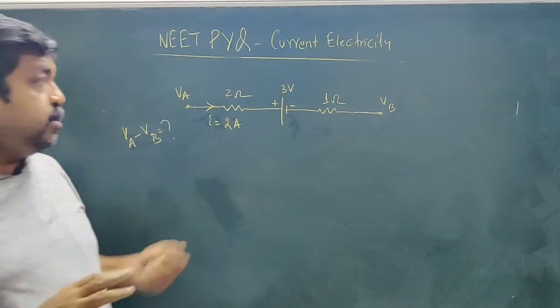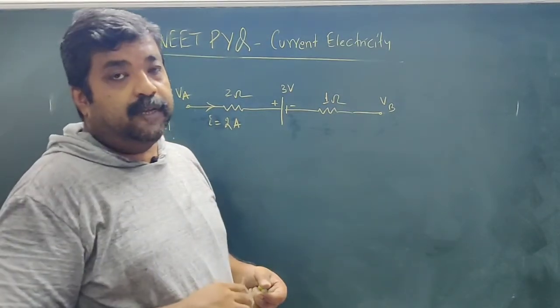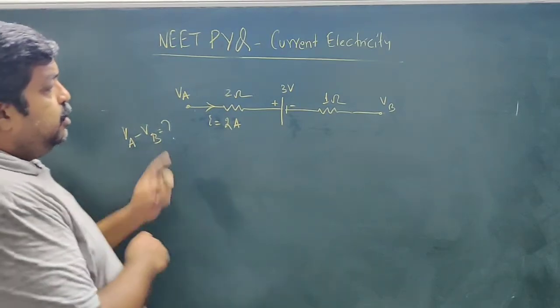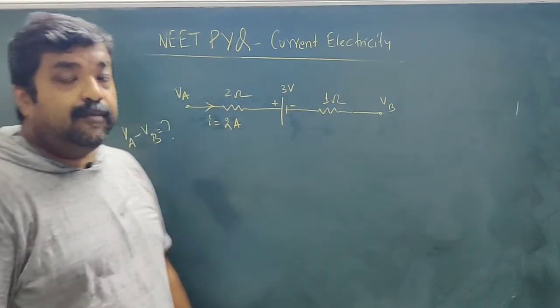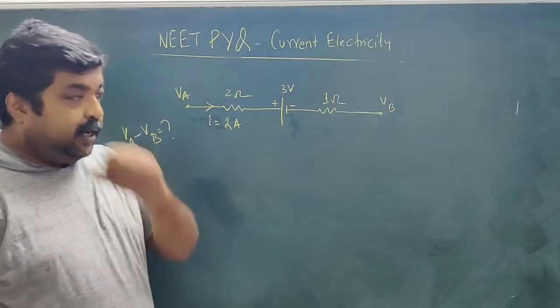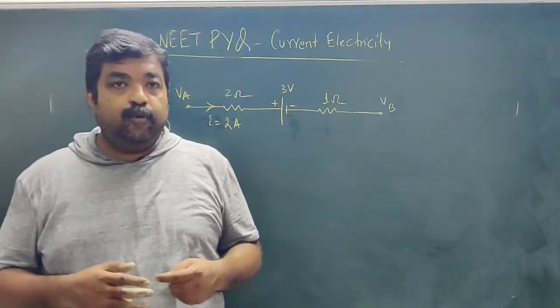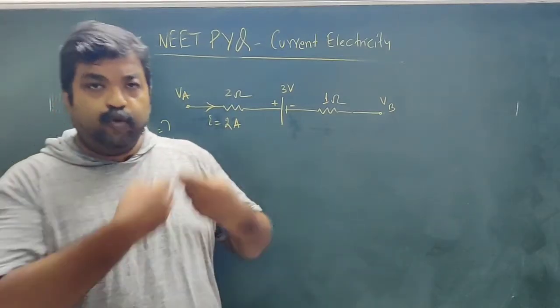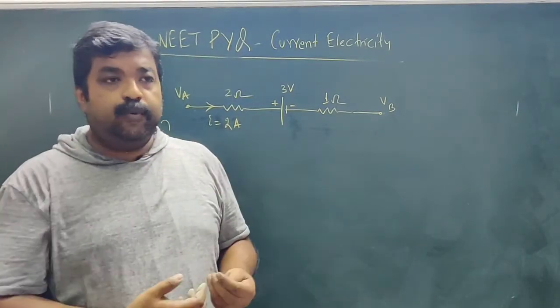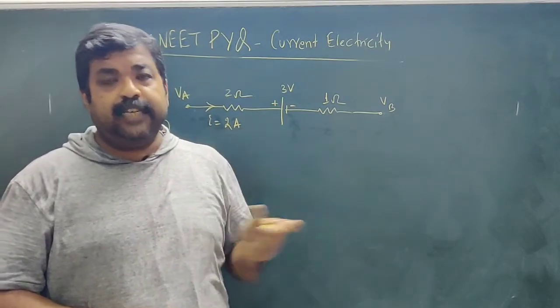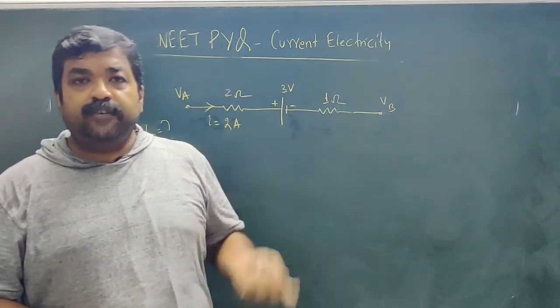Now if you want, you can pause the video and definitely you can try. Now see, to find the potential difference, I am going to use loop rule. Now loop rule, as per NCERT, is for a loop. For a loop we say that if we add the potential difference across cells and resistors, the total potential difference will be 0.